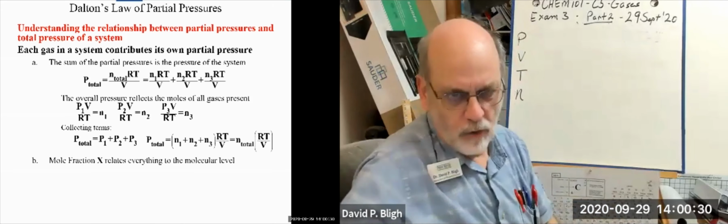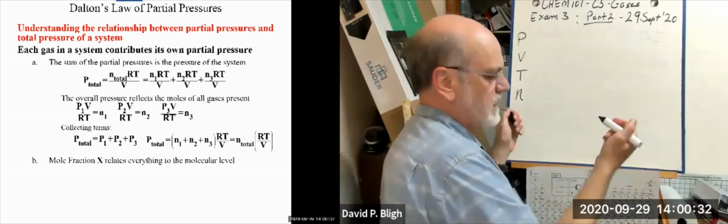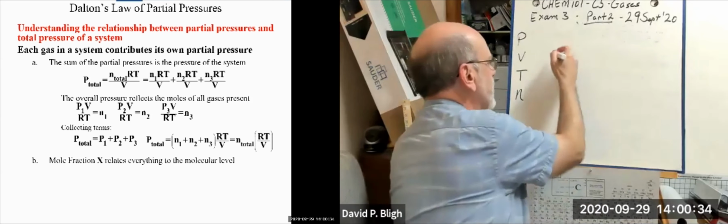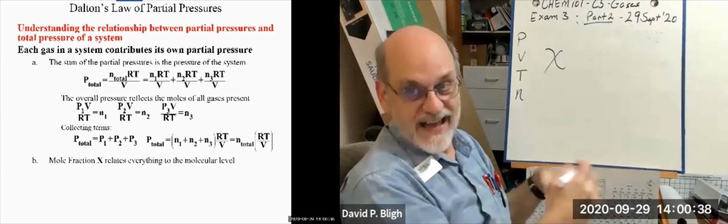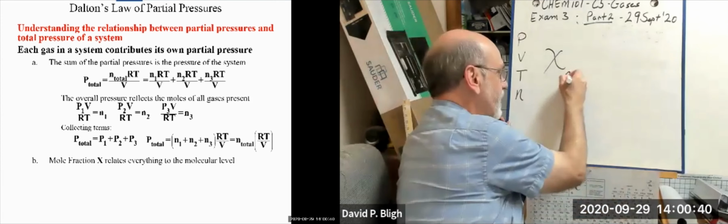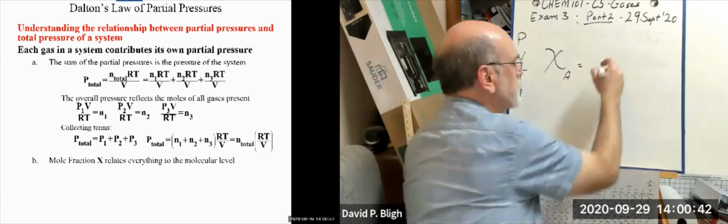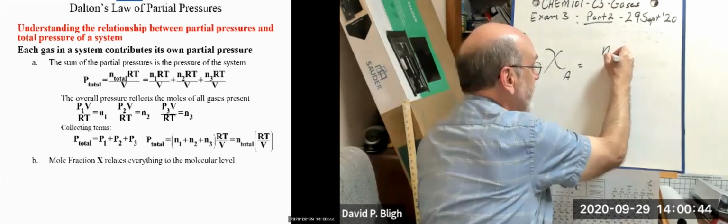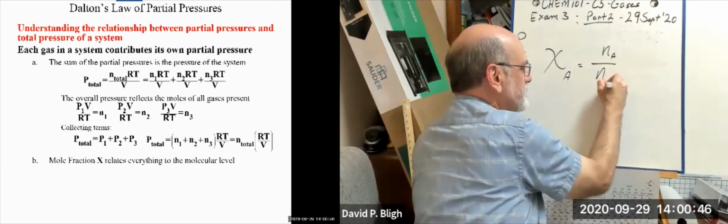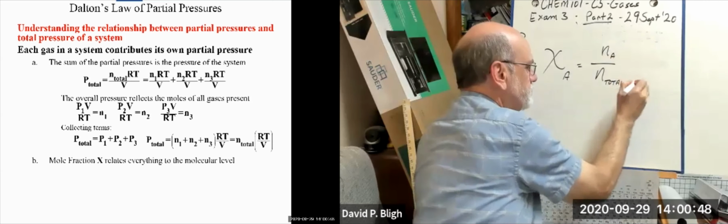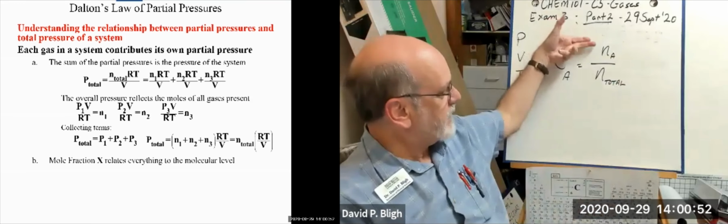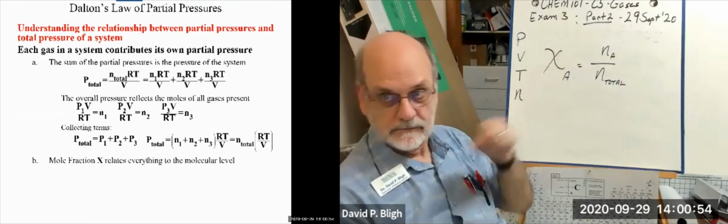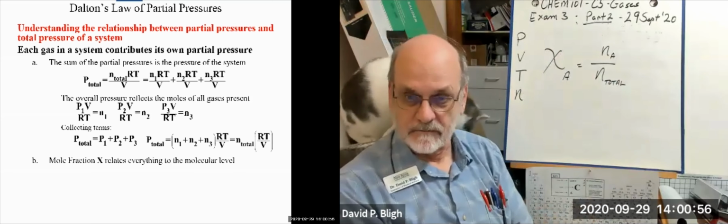We call it the mole fraction, and we designate it by a big X. So the mole fraction of a gas, let's say A, is equal to the number of moles of A divided by the total. Simple. It's a fraction. The fraction of this one per total is the mole fraction.